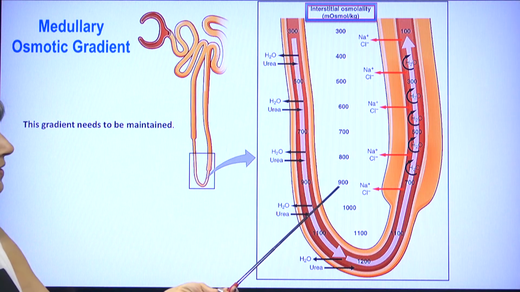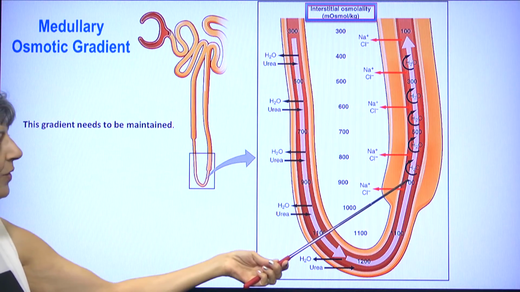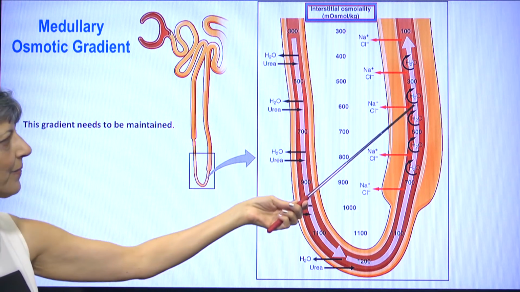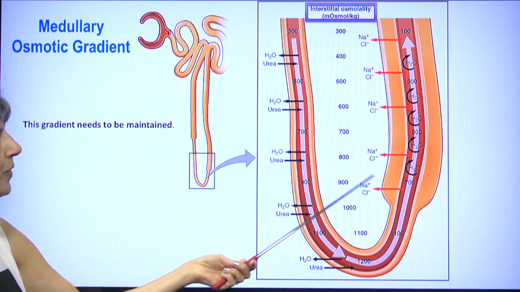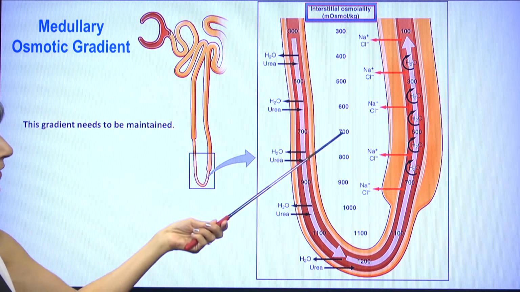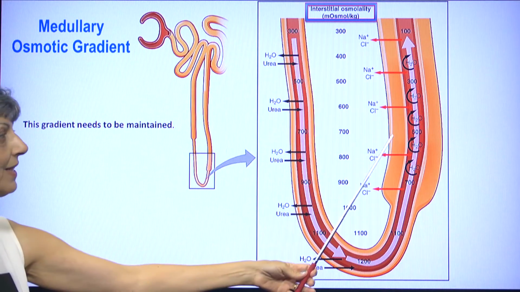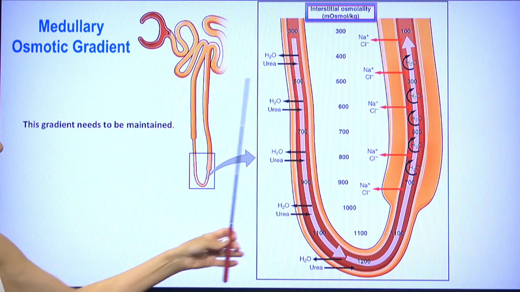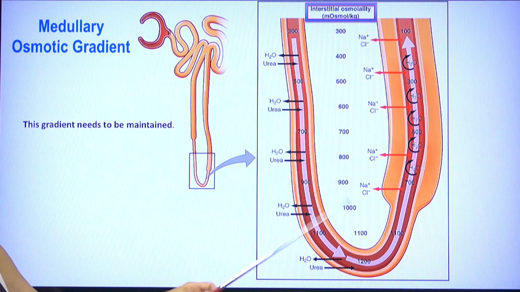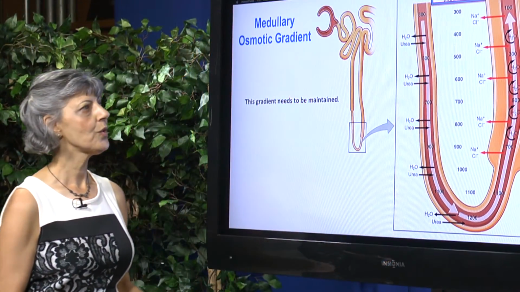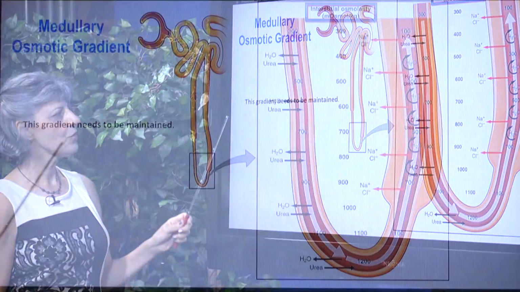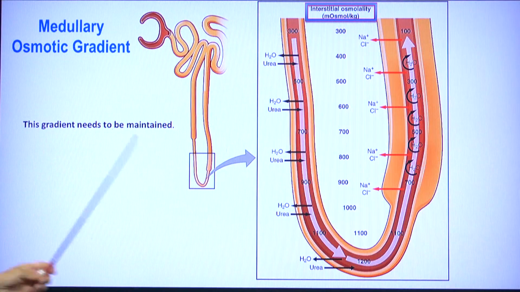It is always higher in the interstitial fluid, 700, 800, and so forth. It's always higher in the interstitial fluid, and I need to maintain this gradient. It's very important. First, I need to maintain the gradient to continue to reabsorb those substances, and for one more reason we're going to talk about in a minute. So we need to maintain this osmotic gradient. How do we do that?